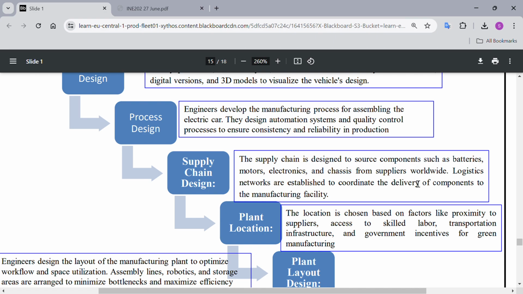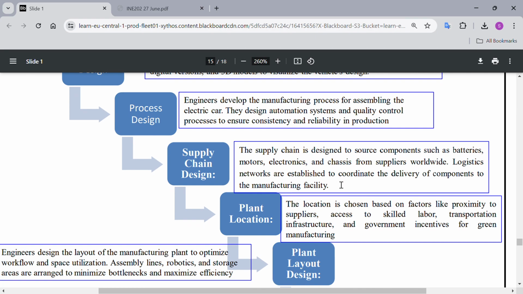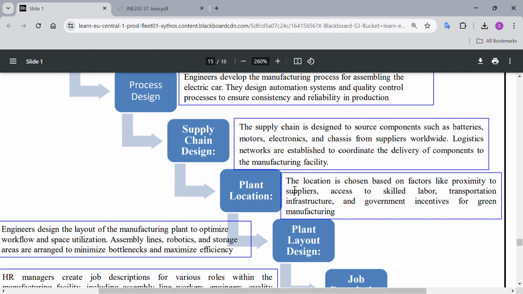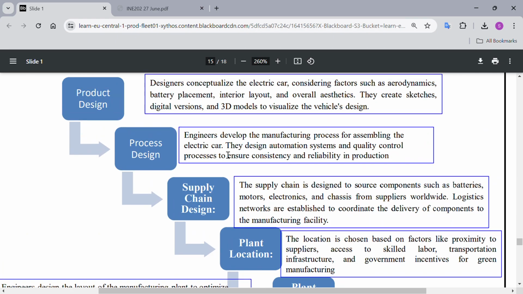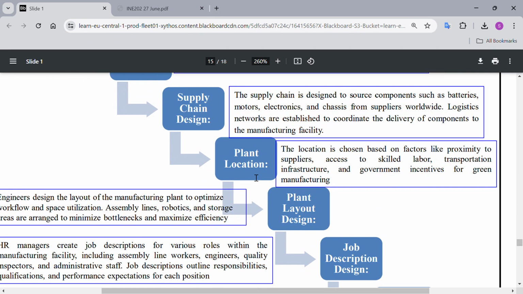And for that, they coordinate with established manufacturers to get, for example, batteries, motors, electronics, chassis from suppliers, and that's the important part. After the process design, you're going to go to supply chain, and then we're going to go to plant location.